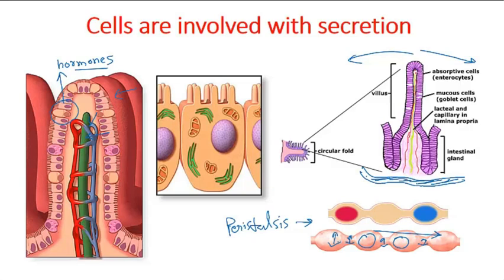In this case, the food will migrate from the esophagus, from the mouth towards the anus. That is the direction of the food movement. So we need both types of tissues. We need the longitudinal tissue as well as the circular tissue for this whole process to work.